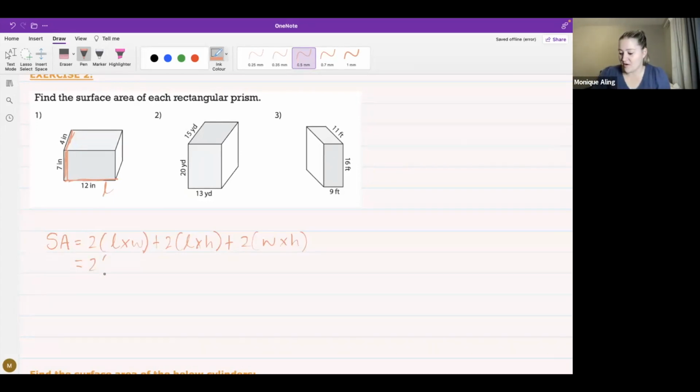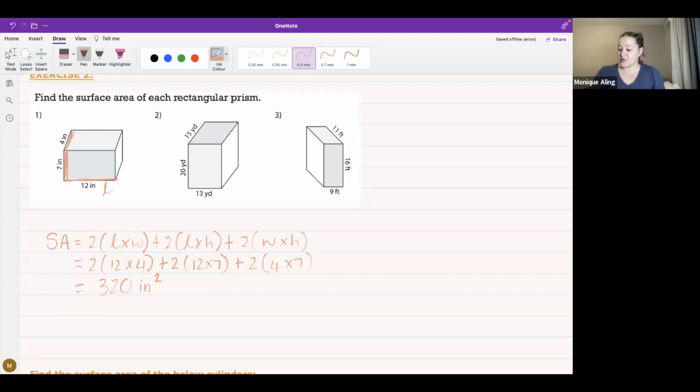So don't worry if you do get confused. So it ends up being 2 times 12 times 4 plus 2 times 12 times 7 plus 2 times 4 times 7. And if you put that all in your calculator, you will get an answer of 320 inches squared.